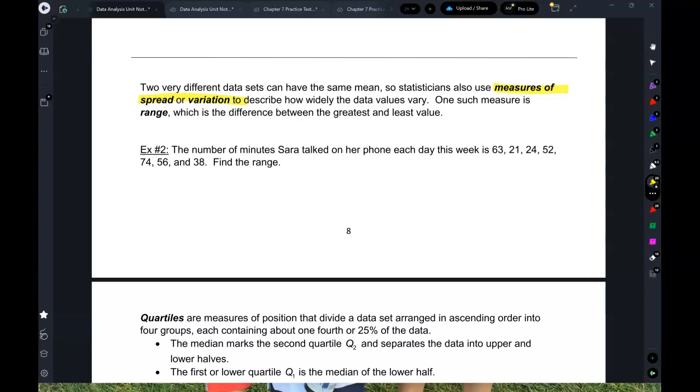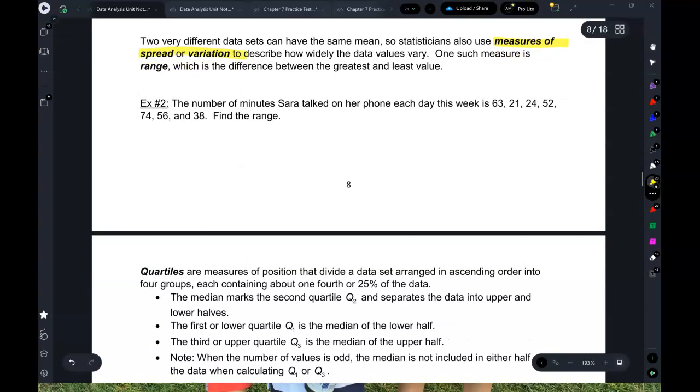Now suppose all of the test scores go from 80 to 95. Do you see how close to that 87 the test scores are? Now imagine another set of tests, the average is also 87, but the grades range from a 65 to 105. Do you see how much farther apart they are spread? That is called measure of spread or variation.